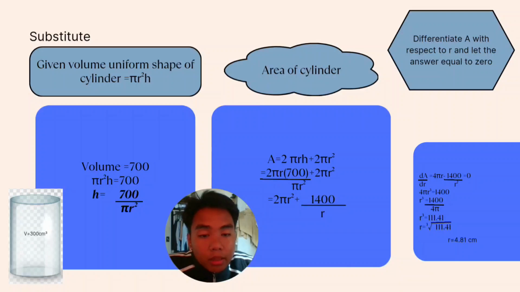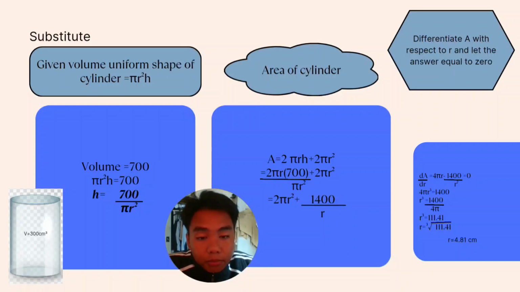Next, we must let the r become standalone. So we just move the 4 pi to the right hand side, and we will get r cube equals 1400 over 4 pi. Then we just simplify the value, so we will get r cube equal to 111.41.